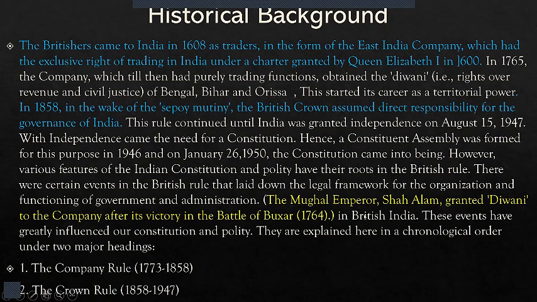It was the Mughal Emperor Shah Alam, who granted them to the East India Company, because the Britishers won the Battle of Buxar in 1764. After winning this war, the Mughal emperor thought, let's give them some rights, and let's do a deal, and we both will work. This is how they gained the rights.